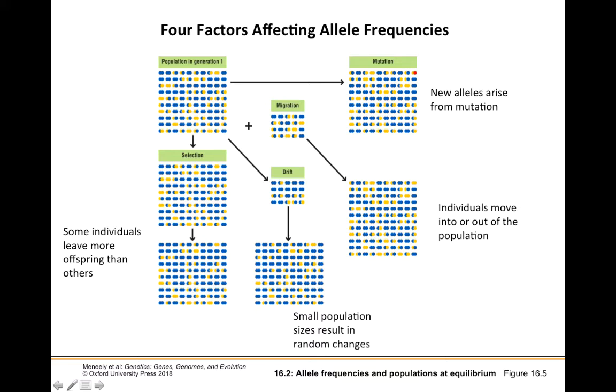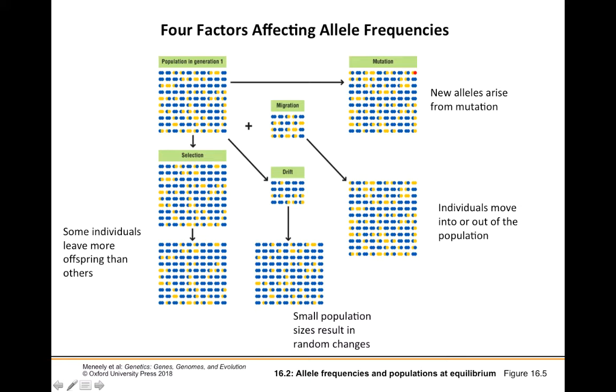Although the overall allele frequency hasn't changed a lot, it has changed minutely as a result of that. Population 1 can actually have some individuals added to it, making it a larger population. Depending upon the mixture of alleles in that new addition to the original population, you might have a different allele frequency in the resulting combination of those two populations.